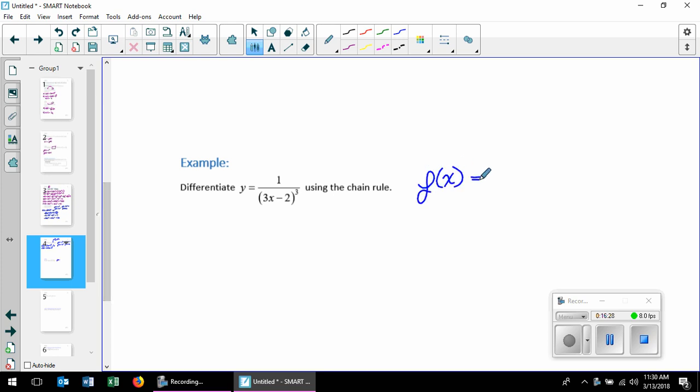So what's f of x? If you aren't certain to see it, that's what I'm talking about. Putting it into a negative exponent would be x to the exponent negative 3.